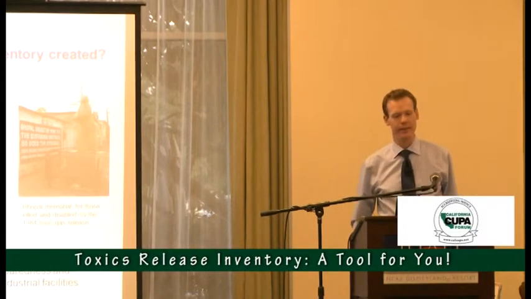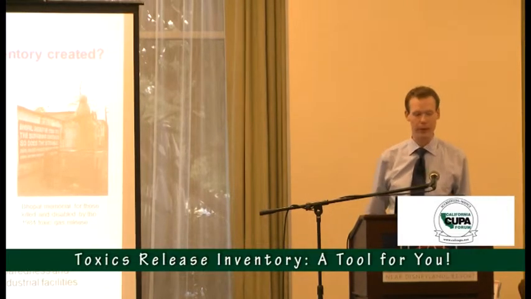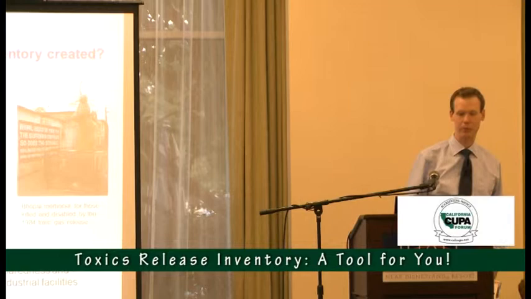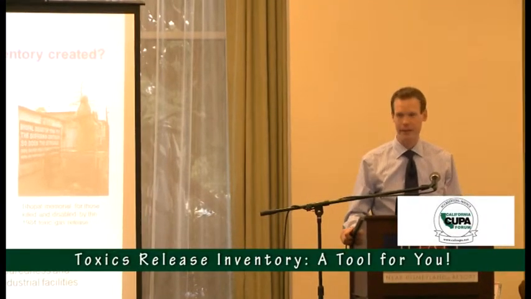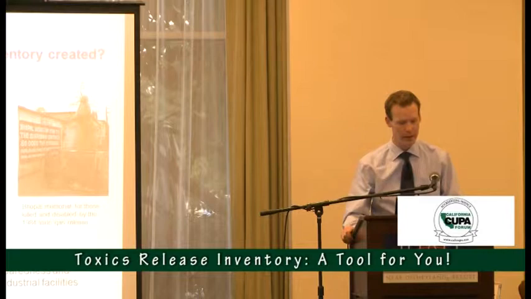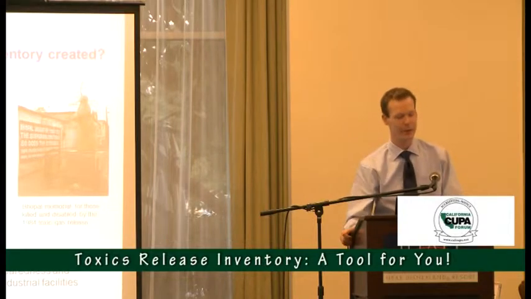The TOXICS Release Inventory was created in part in response to two disasters, one in Bhopal, India, where methyl isocyanate was released from a Union Carbide plant that was a terrible disaster that killed thousands and has caused long-term suffering for much of the city. Shortly thereafter, there was also an incident in Institute, West Virginia.